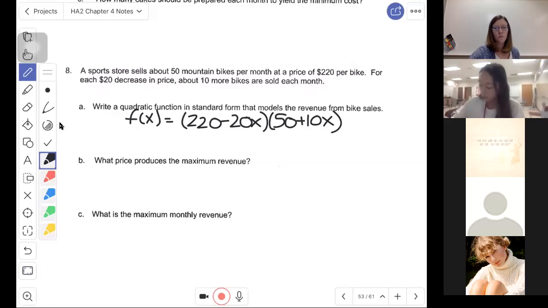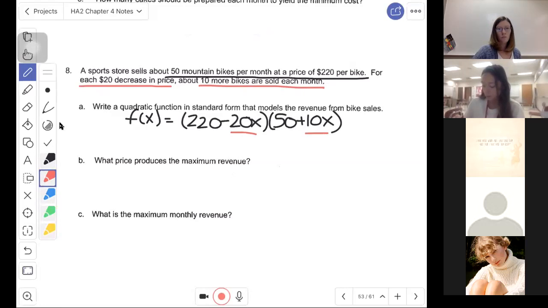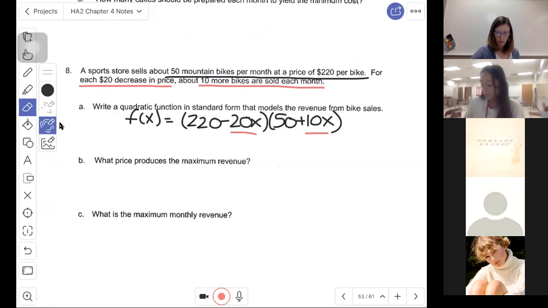So what we're starting with, we're already selling about 50 mountain bikes for $220. That's where we got that first part from. And then the second part, they're saying if we decrease the price by $20, then 10 more bikes are sold each month. And that's where we're getting the second half of the price and the amount sold.